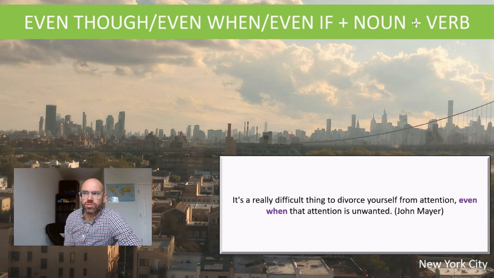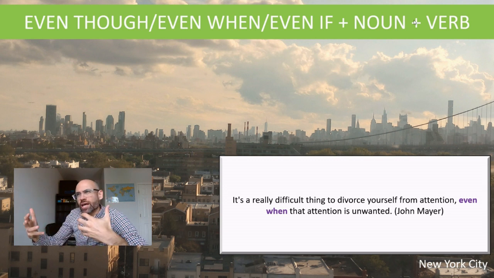Even though is used more generally, and even when and even if are used for specific circumstances or specific times, right? Even when it's raining outside, or even if you don't have a driver's license, right?